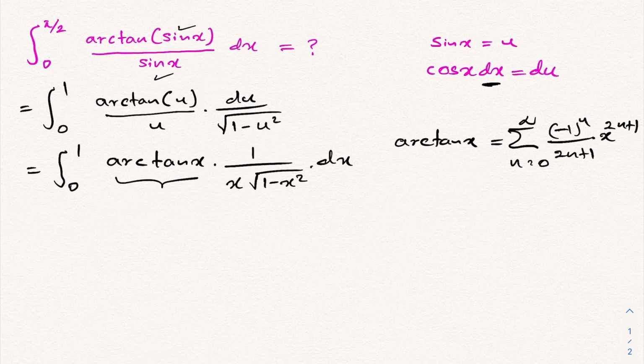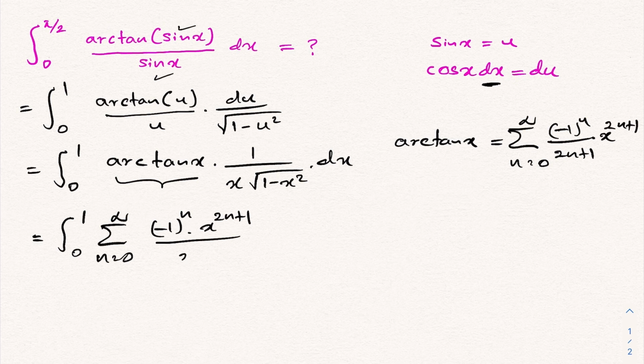So we can write now the integral from 0 to 1 of the infinite sum n equal 0 to infinity of minus 1 to the n power times x to the 2n plus 1 over 2n plus 1 times 1 over x times the square root of 1 minus x square times dx.